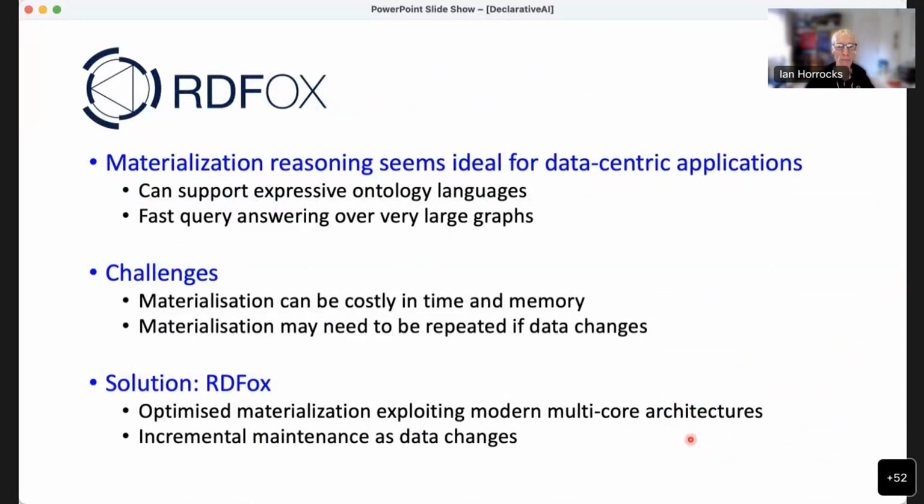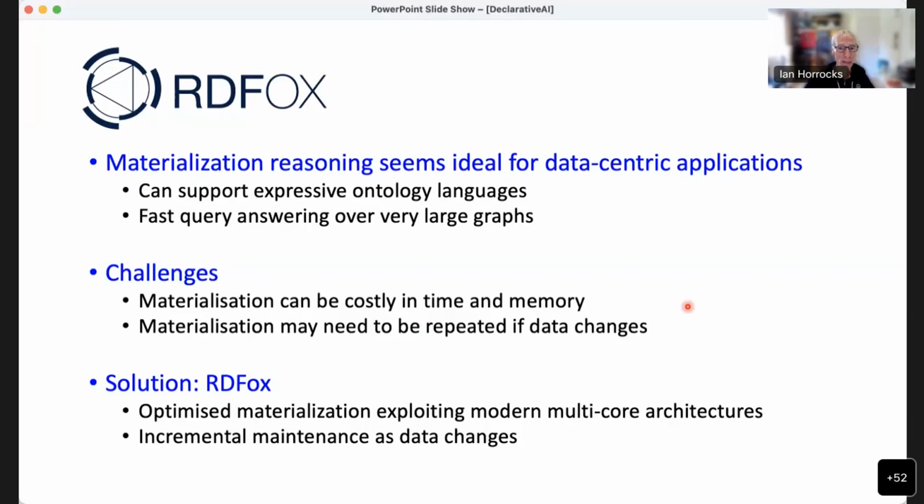So RL seems to offer some nice advantages. It's quite expressive, but we can also do fast querying on large graphs. The problems with that are that materialization, the process of materializing all these edges, can be costly in additional memory, as I already mentioned, but also this can take potentially a long time.